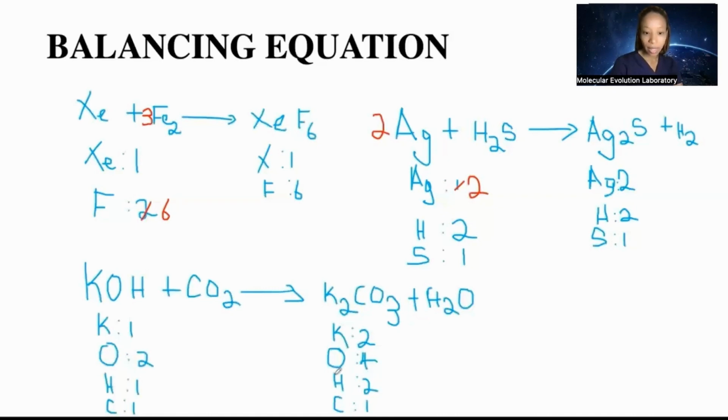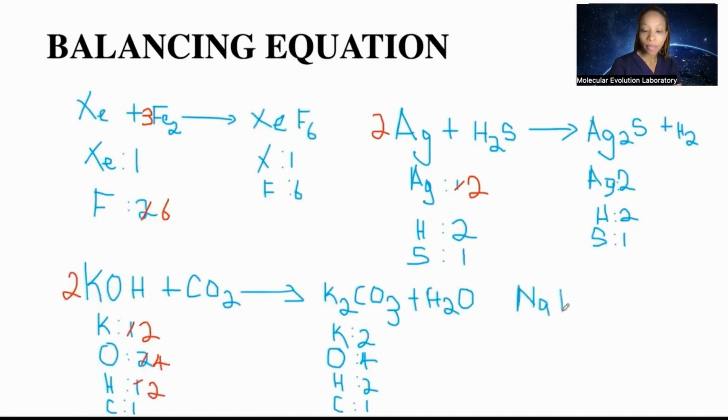So how do we get a balanced equation? We can balance this equation by inserting 2 here, and we end up with 4 oxygen, and 2 hydrogen. And voila, we end up with a balanced equation.